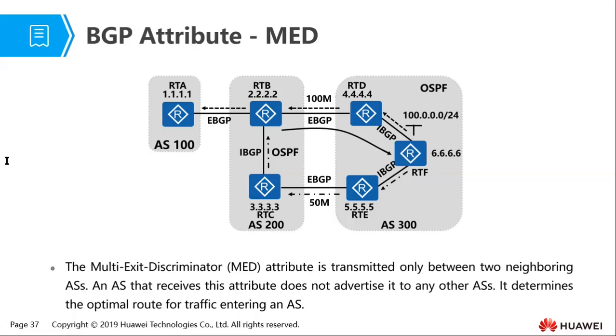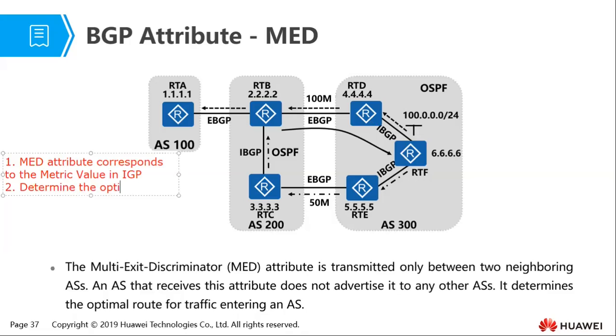A few things to note. Number one, the MED attribute corresponds to the metric value in IGP, so it's like the cost. Number two, it's used to determine the optimal route for traffic entering the autonomous system.